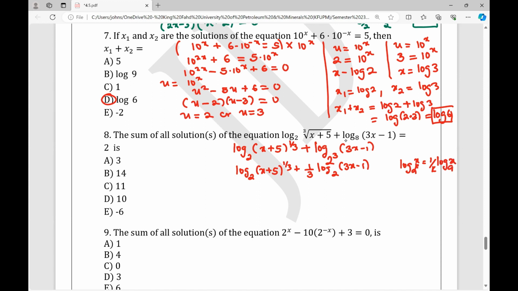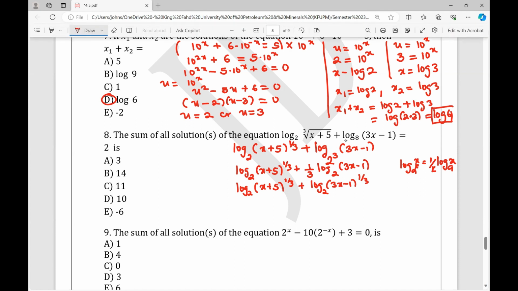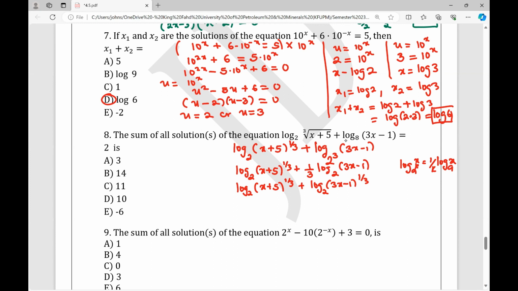Now this 1 over 3 also I can transfer it up, so that we just have log to base 2 of x plus 5 to power 1 over 3 plus log of 2, 3x minus 1 to power 1 over 3, right? And what we see here is that we have addition. So something is missing. Look at here. This is equal to 2, so we should not forget we're putting equal to 2 on the right-hand side.